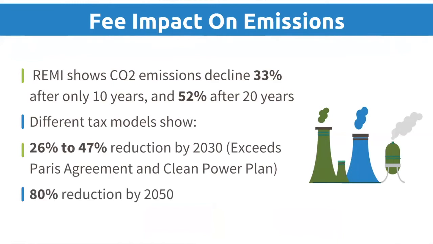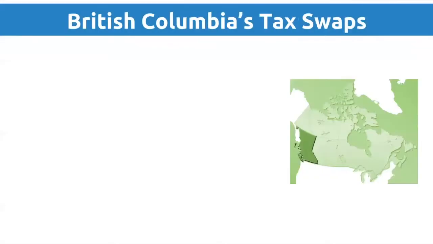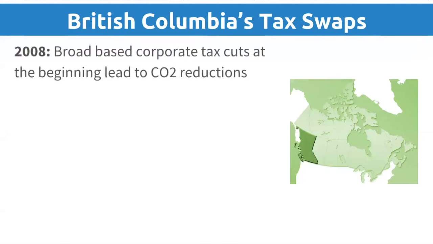Now let's look at two real-world carbon tax programs. The British Columbia Revenue Neutral Carbon Tax is an outstanding program. However, a key lesson learned is that the tax swap approach to revenue neutrality can break down.